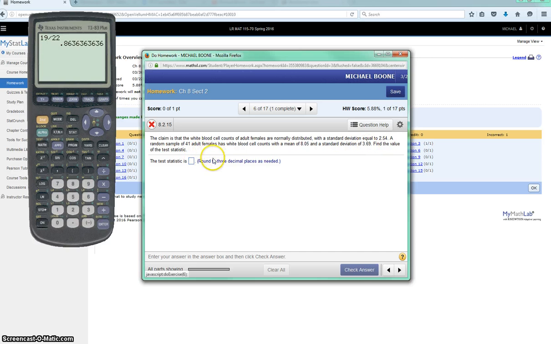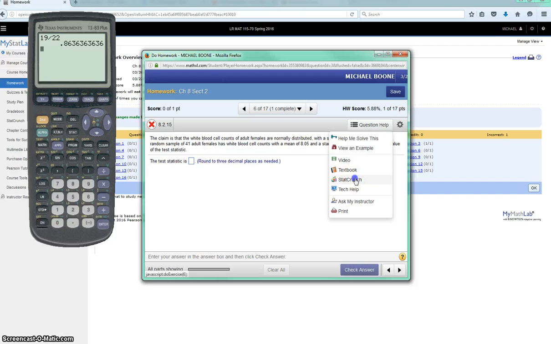Well, first we have to figure out what we are trying to find the test statistic for. Is it means? Is it a proportion? Is it a standard deviation? Since they've given us a known standard deviation, and here's our sample standard deviation, this is leading us to say, hey, I need to be looking at determining if the standard deviations are the same.